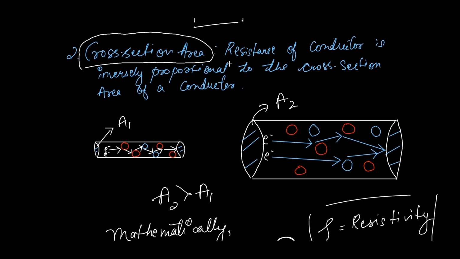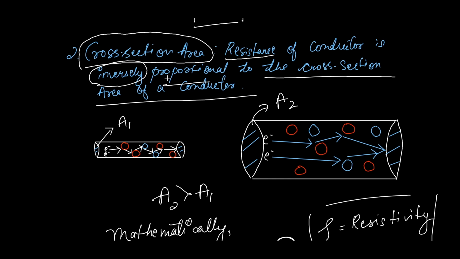The next factor is the cross section area of a conductor. Let's see what is going to happen when you increase or decrease the cross section area. The resistance of a conductor is inversely proportional to the cross section area of a conductor. Inversely means that if you increase the cross section area, the resistance is going to decrease.